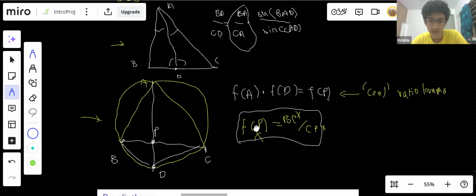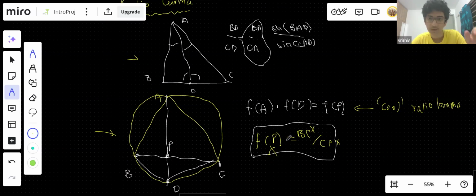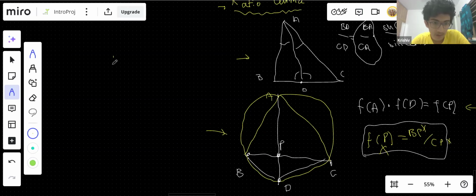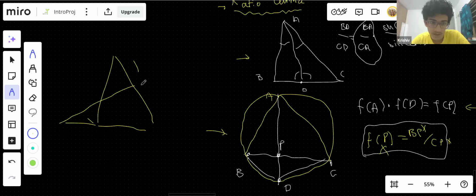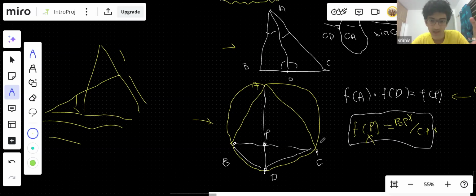Also, an important thing I should mention: throughout this class, we'll be working with directed segments, or directed lengths. I hope everyone is familiar with them. They appear in Menelaus's theorem, where direction matters. You have this over this, and this over this, multiplying to -1, which is not possible with normal lengths, only with directed lengths.